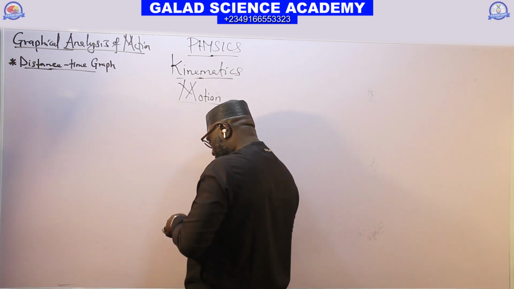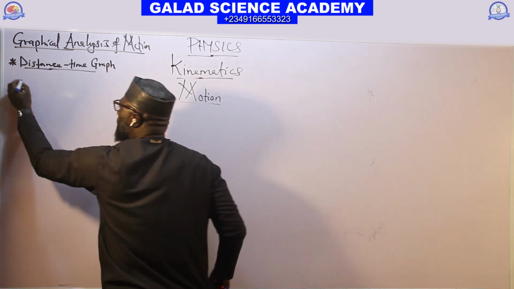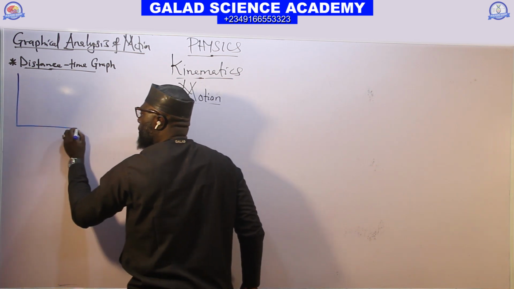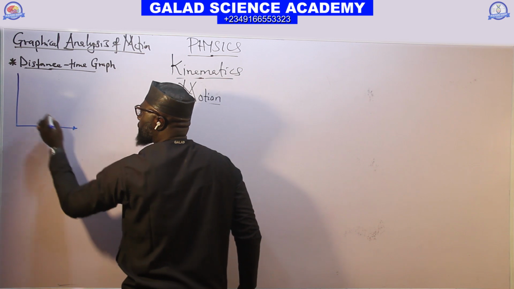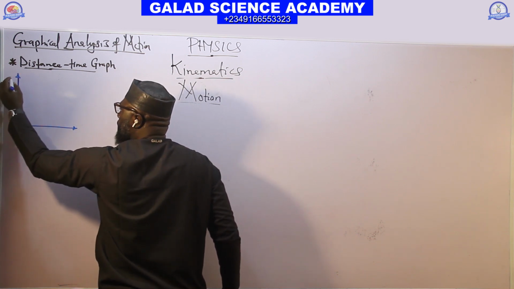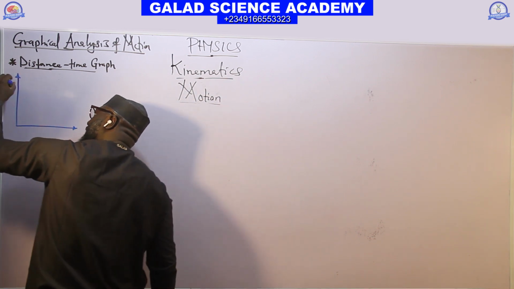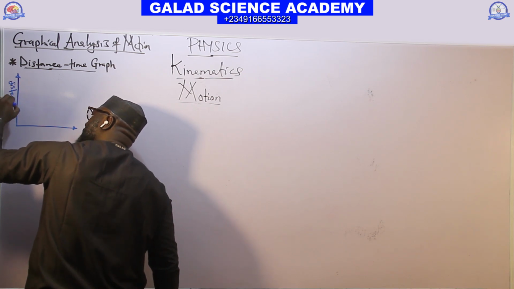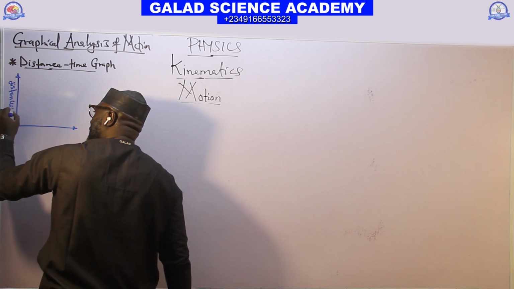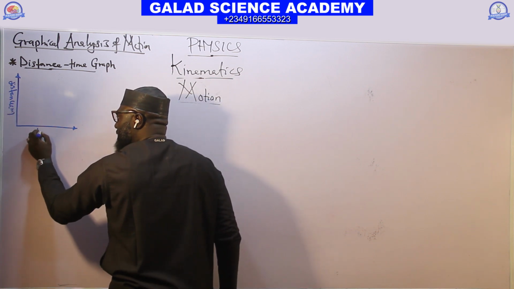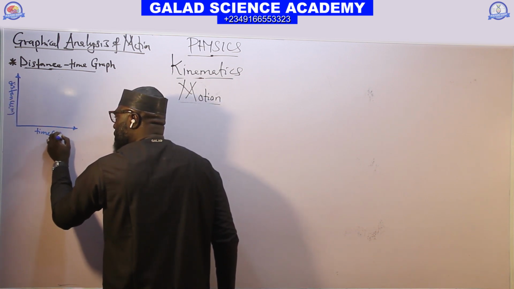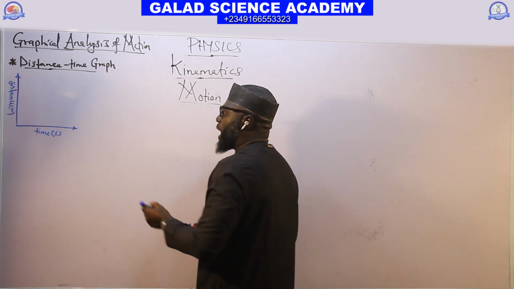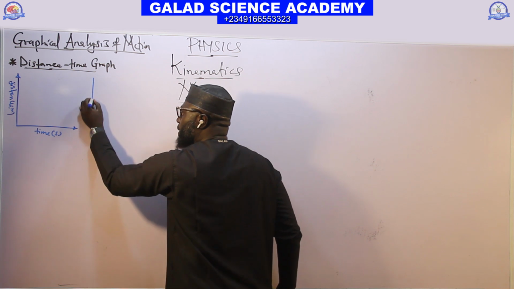I am having a graph of this. This axis here is distance in meters, and this axis here is time in seconds. Now I'm going to draw two graphs here.